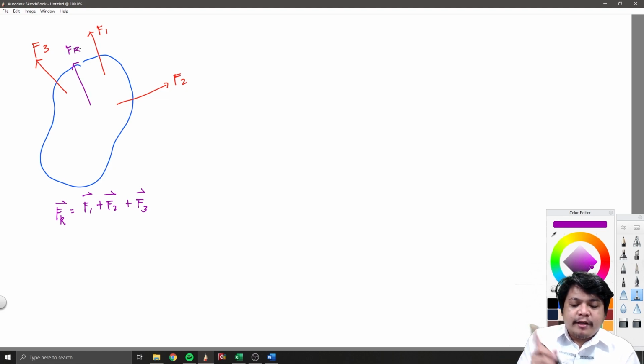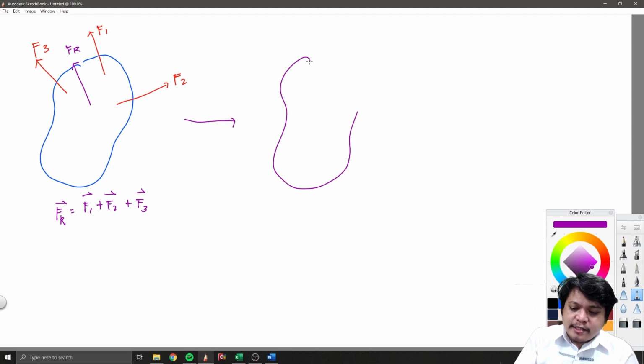This FR, actually, pwede natin siyang ilagay kahit sa ang point on the system, pero dapat equivalent pa rin sila. Ibig sabihin, yung mararanasan ng system na paggalaw due to these three forces, kapag nilagay natin siya into space of the same body, for example, dito ko nilagay yung FR, okay, kahit saan pwede mo siyang ilagay.